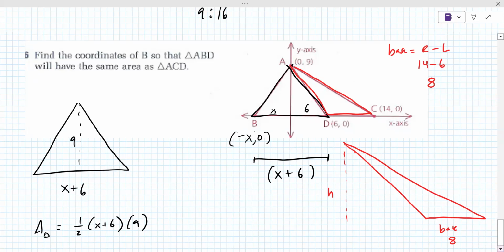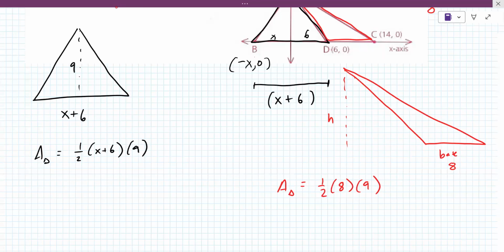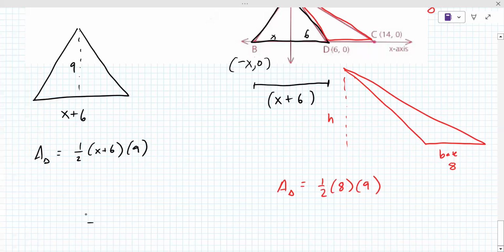Height is also 9. So the thing that you will learn the more math you take is sometimes you don't actually simplify. You just write out the stuff because you might get some cancellations later. And since you're in an honors class, they kind of think you're going to think that way.